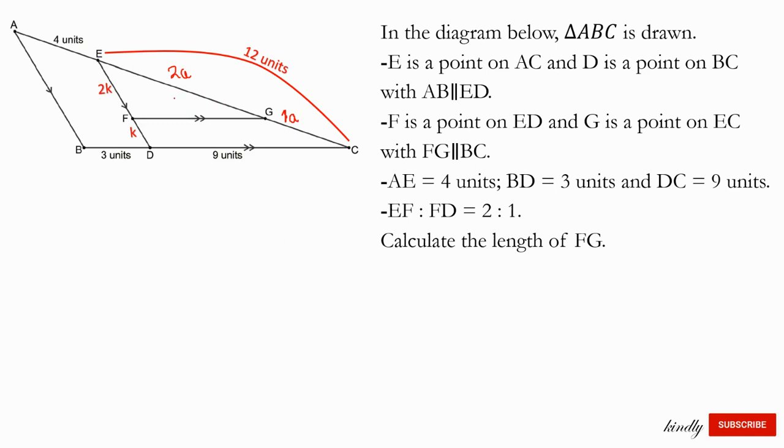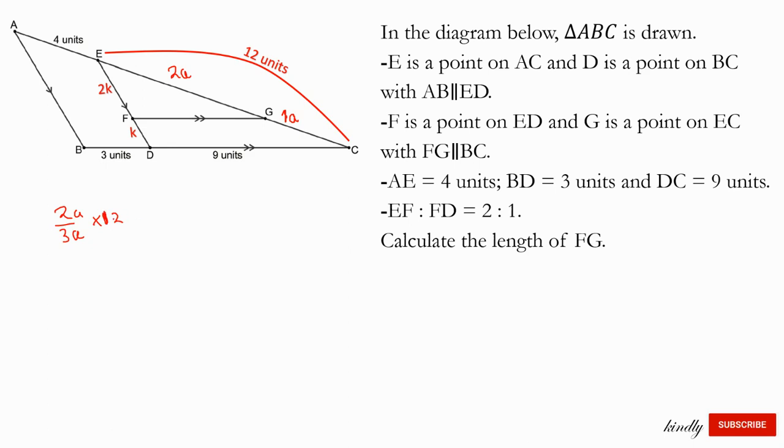How many parts do we have here? EC is composed of 3 parts. If you say 2A plus 1A, that is 3A, isn't it? So EG is going to be 2A over 3A of 12 units.